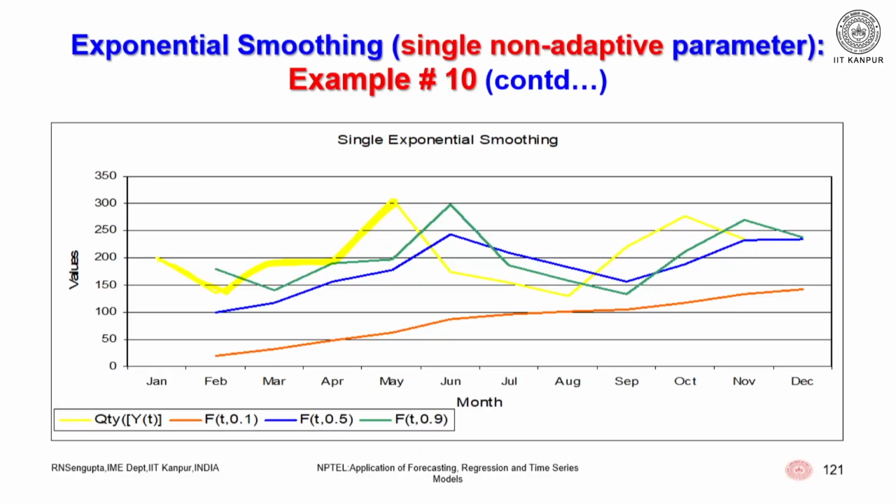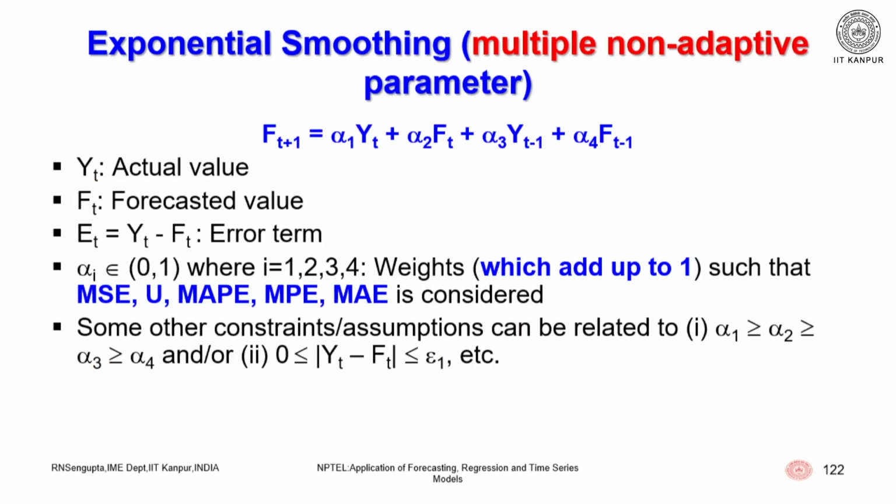So, from this diagram, from pictorial analysis, we can say the error would basically be the minimum for the green line. Now, let us come to exponential smoothing, where I am considering multiple non-adaptive parameters.